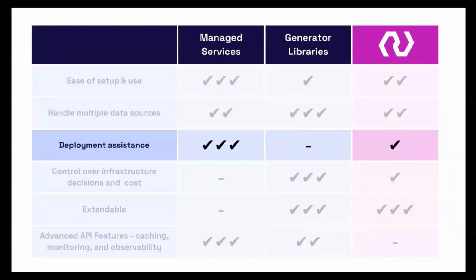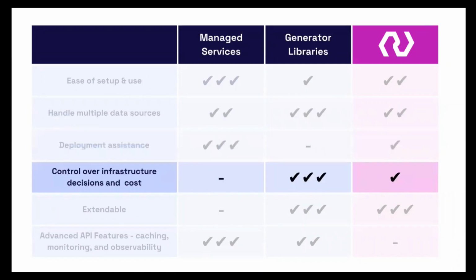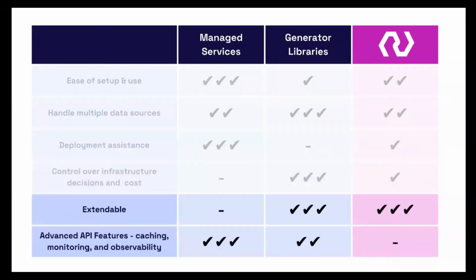Nexus deploys the generated GraphQL server with a single command. We make deployment simpler by abstracting infrastructure setup and making a few decisions for the user. The deployed infrastructure is provisioned entirely in the user's AWS account and is fully modifiable by them. Nexus doesn't offer advanced features for fine-tuning the API like managed services do.